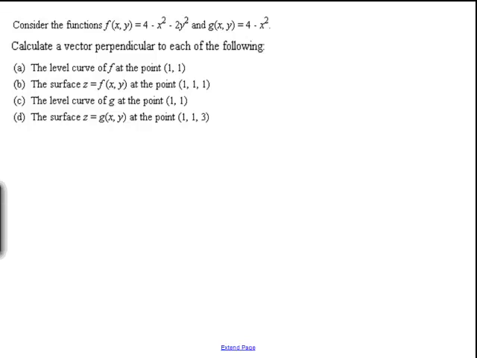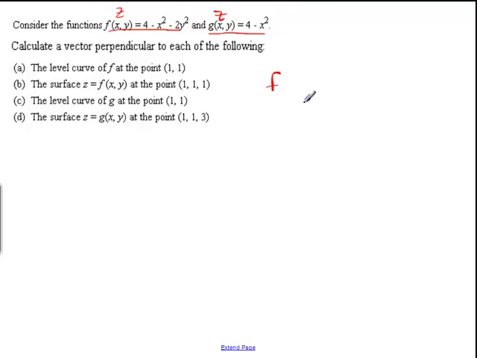All right, let's look at an example where we're dealing with level curves and level surfaces. We've got our two functions, f of x, y and g of x, y, and if we consider this value to be z, then we have a bunch of four-dimensional graphs. Let me write that again.